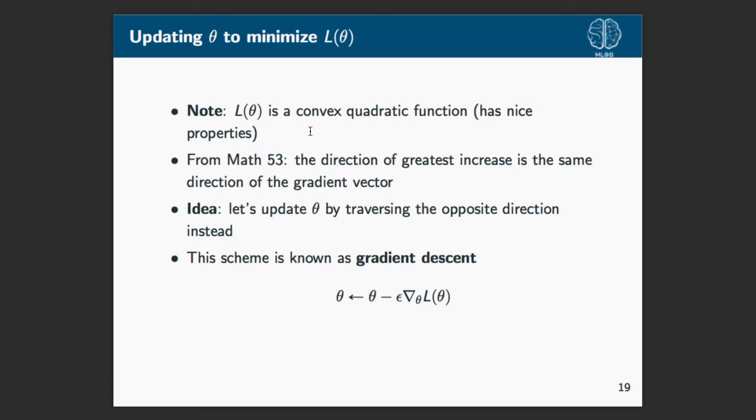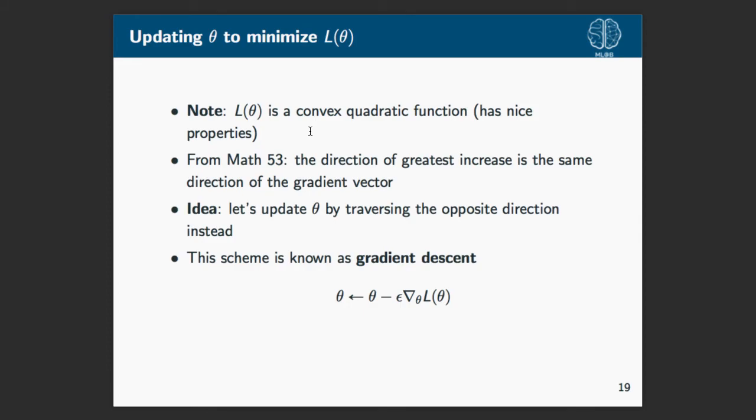So what this really is: we have our initial theta, and we take the gradient of the loss with respect to theta. That's our gradient. Once we take this gradient, we know the direction that will maximize this function, so we want to negate it in order to find the direction that minimizes this function. So this gradient is telling us how much we change and in what direction in order to get to the minimum.